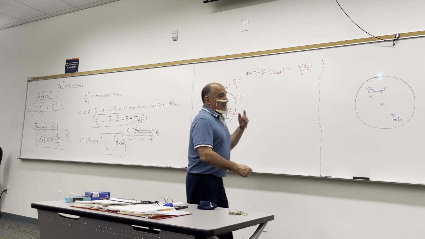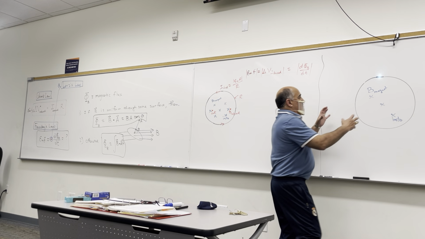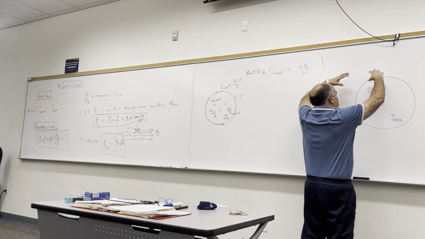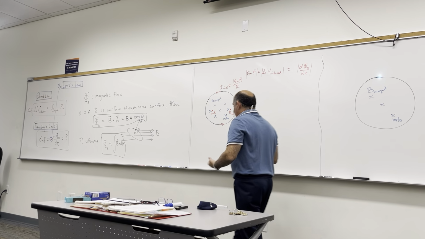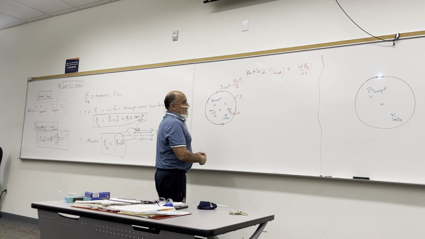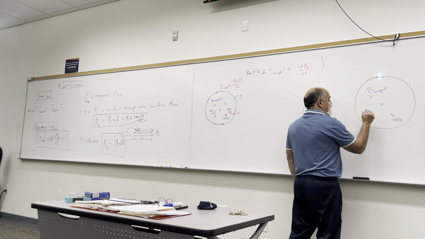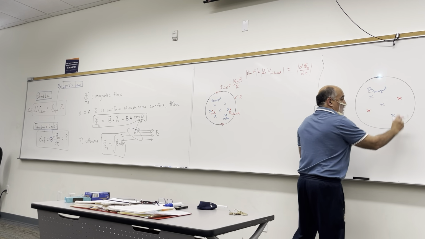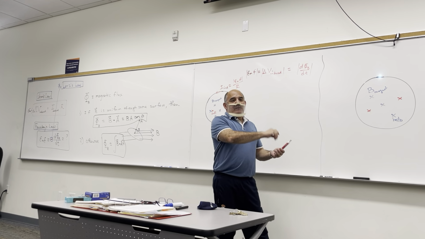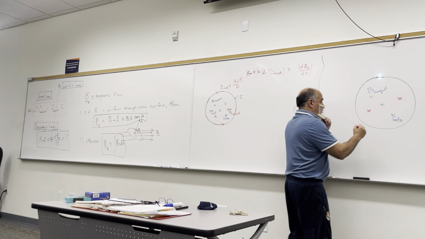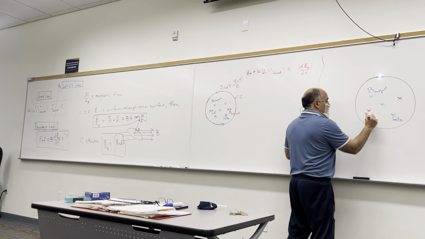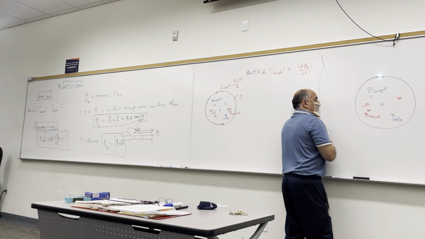So the ring generates a current that will produce a magnetic field that will make up for the lost magnetic field because I'm moving the magnet away from it. So this would be the induced magnetic field, which would have to be into the board.